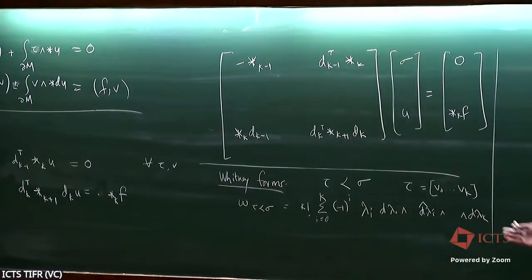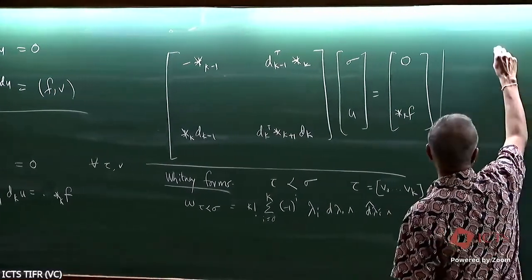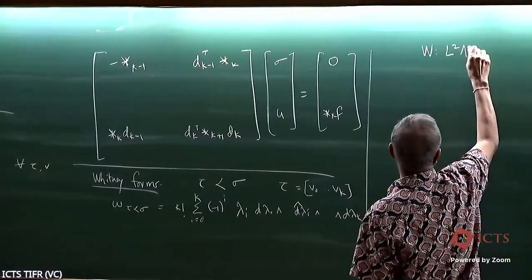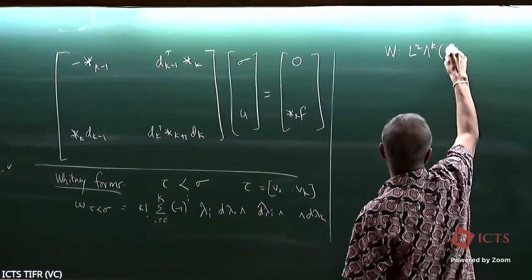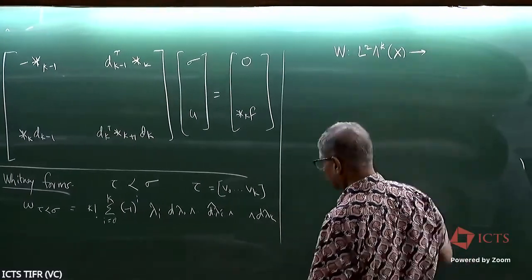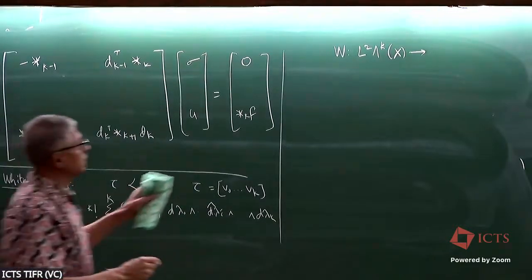So I want to give you some intuition about this. It's a very beautiful shape function that Whitney invented, very geometric. It has beautiful properties. For example, if I call W the map that takes cochains on a simplicial complex, it's a shape function.